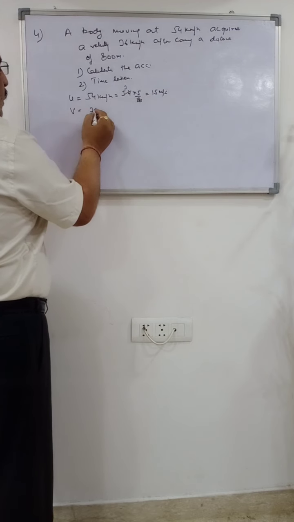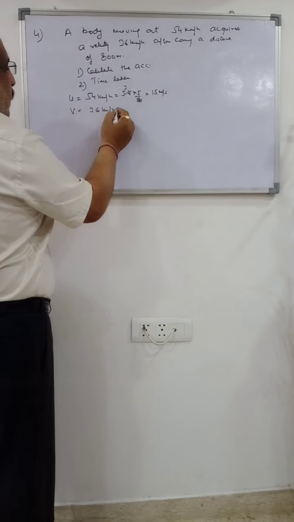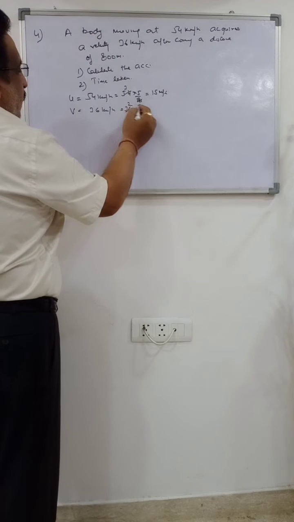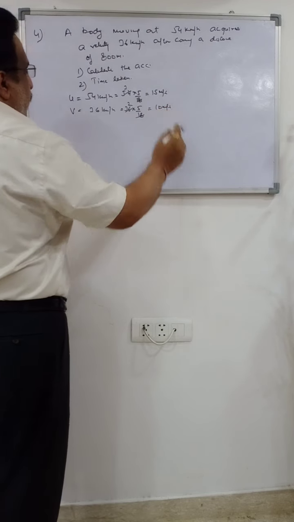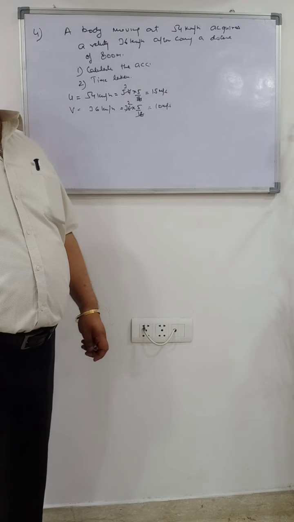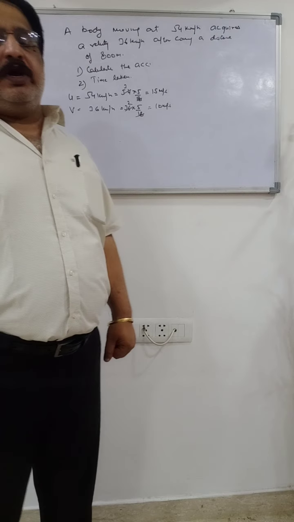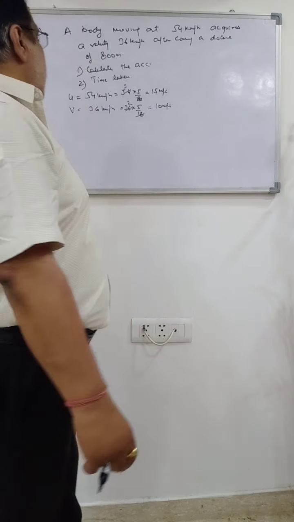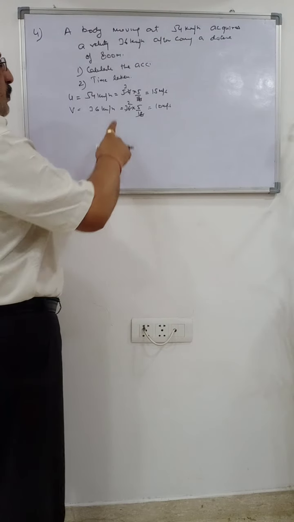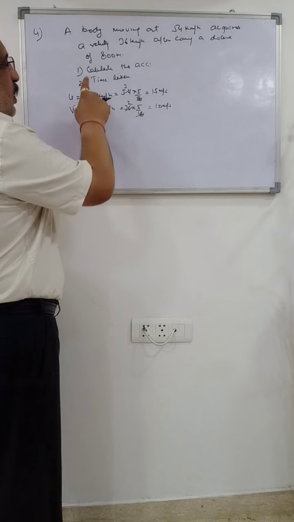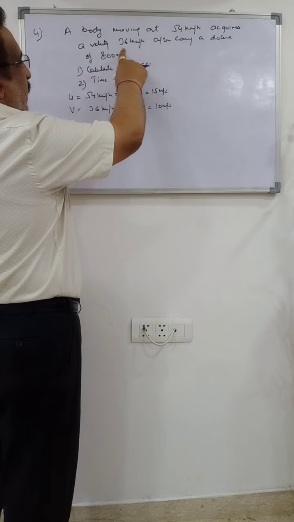What is V? 36 kilometer per hour, that is equal to 36 into 5 by 18. 18 2s are 36, so 10 meter per second. So the first funda is you have to convert the velocities into meter per second because you want the answers in SI units. U is given to you, V is given to you.